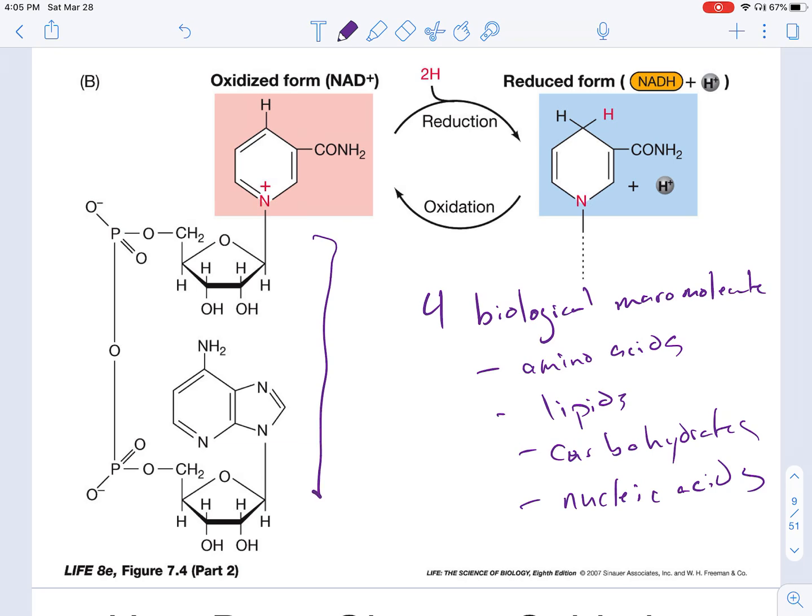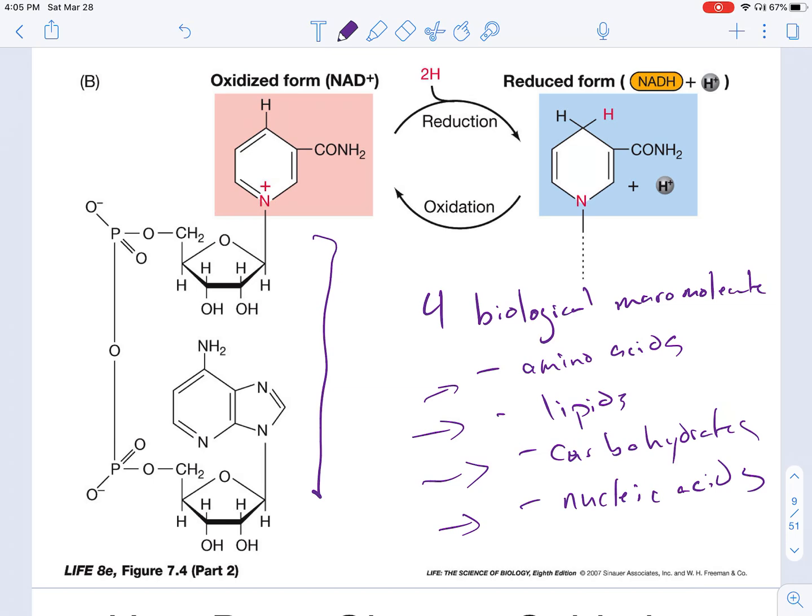We should think about what are the features of each of these. What are the features of the amino acid? We have an alpha carbon, an amino group, a carboxylic acid group. Lipids have long chains of hydrocarbons. Carbohydrates always have a ratio of one water molecule to one carbon. And nucleic acids have a nitrogen containing base, a ribose sugar, and phosphate groups, right?